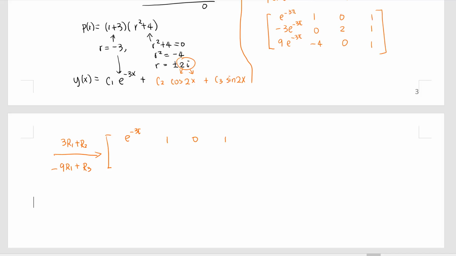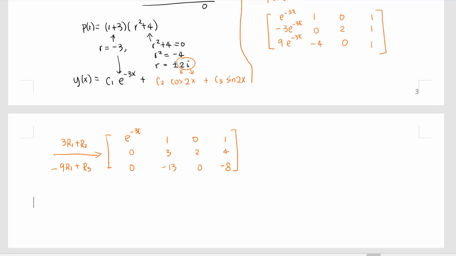And then here 3, so 0. 3r1, so 3 plus 0, 3. 0 plus 2 is 2. 3 plus 1 is 4. Alright, and then 9 of e to the negative 3 pi plus, okay, so this is 0. Negative 4 minus 9 is negative 13. 0 minus 0, 0. 1 minus 9 is negative 8.